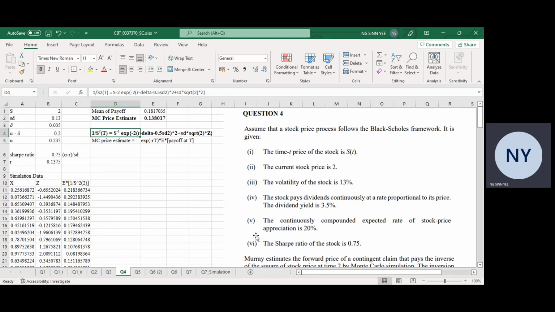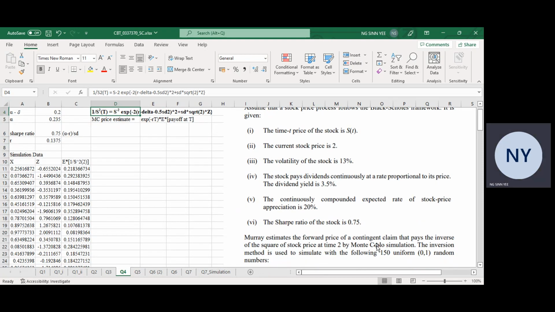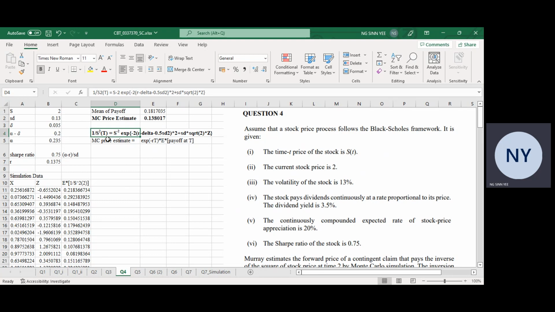So we will then proceed to calculate the inverse of square of stock at time 2. This will be 1 over S squared at time 2. So S to the power of -2, because it is the inverse, so it is power -2, times the exponential to the -2.